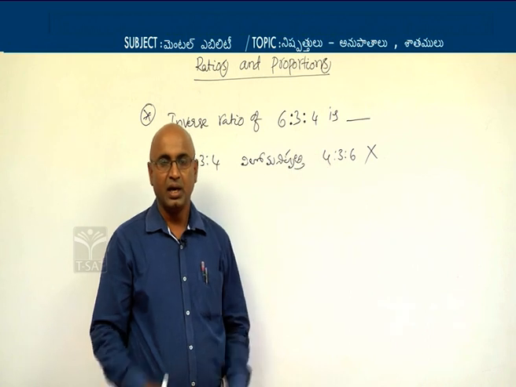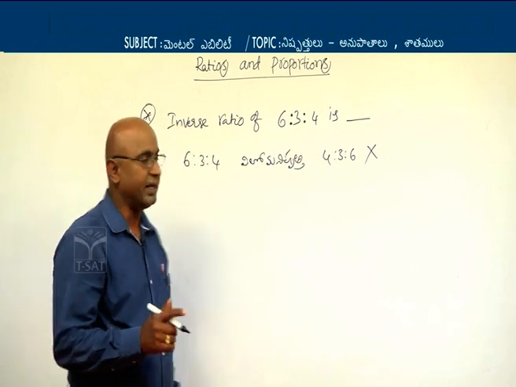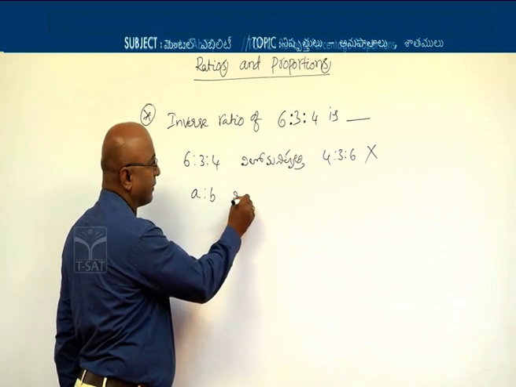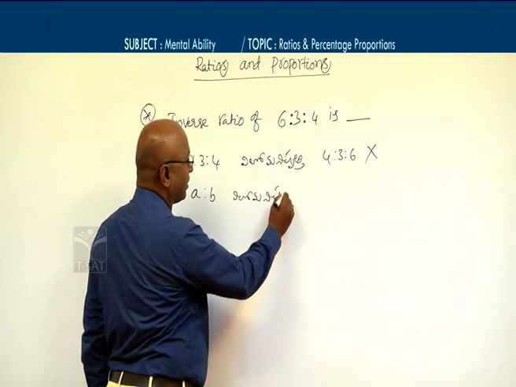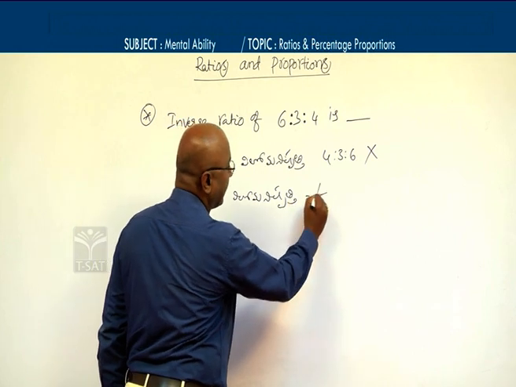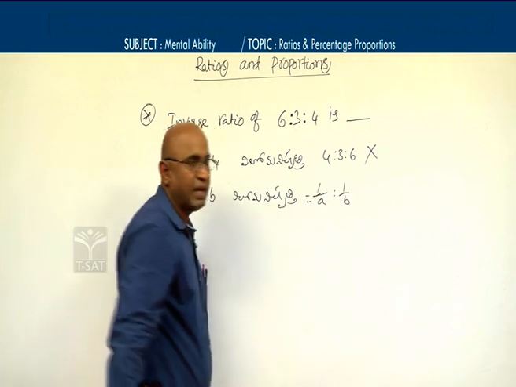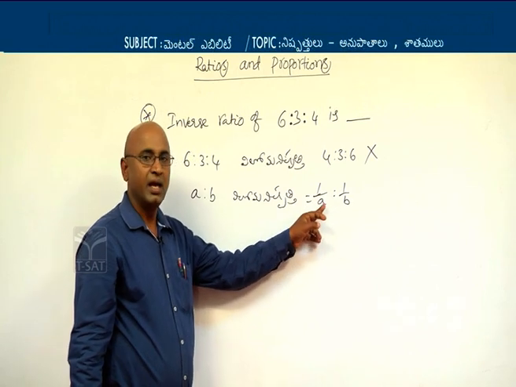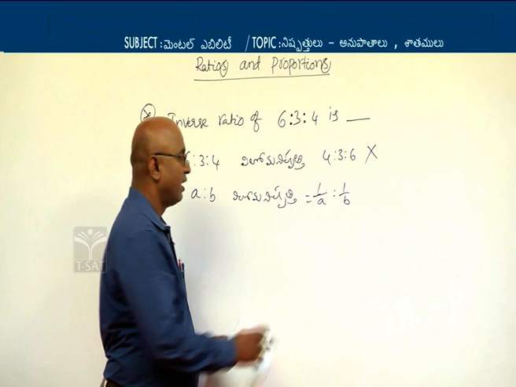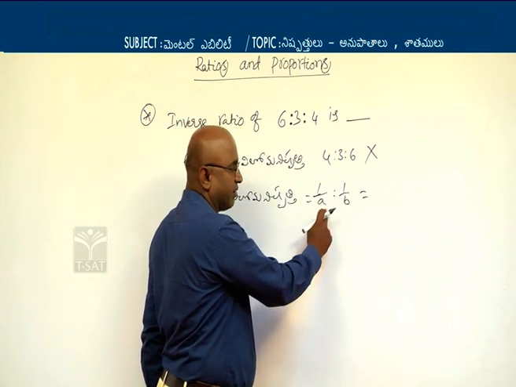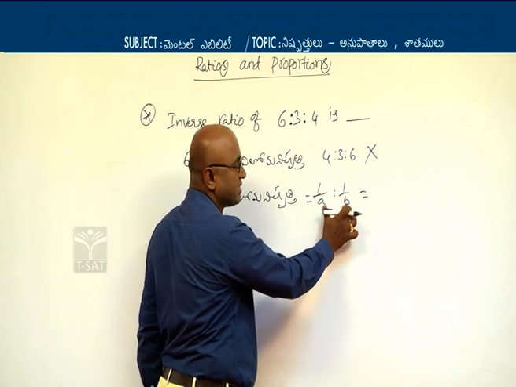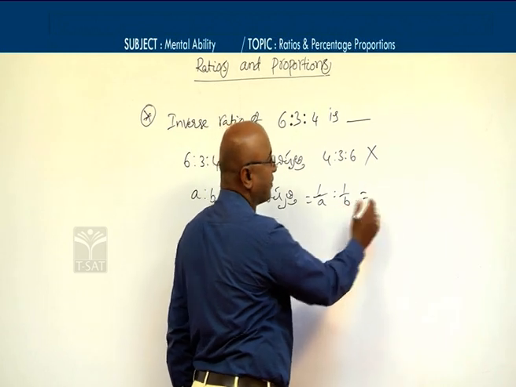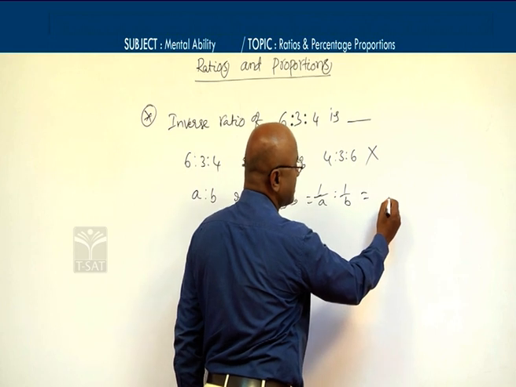But it is wrong. Inverse ratio means, suppose the inverse ratio of A is to B is 1 by A is to 1 by B. The ratio of the reciprocals of A and B is known as the inverse ratio. In order to find out this, to convert fractions into a ratio, first find the LCM, that is, the LCM of A and B is AB.